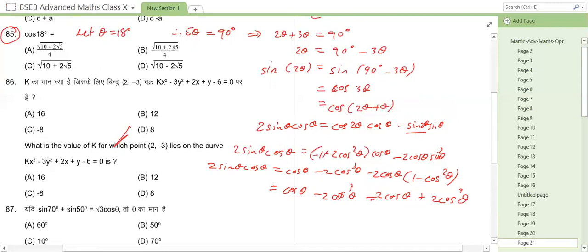Plus, minus, plus and a minus there. It's 2 cos squared theta minus 1. The expansion for cos 2 theta is 2 cos squared theta minus 1, which is equal to 4 cos cubed theta minus 3 cos theta.